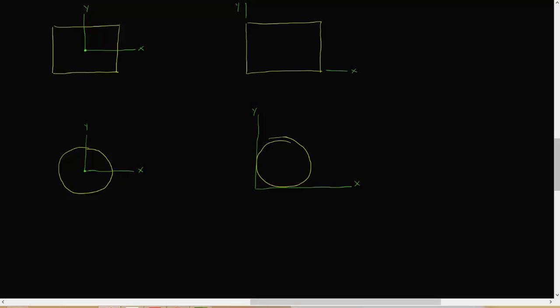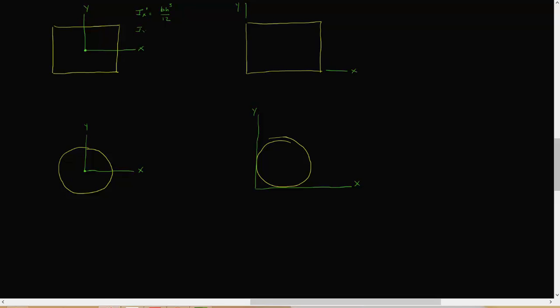So the moment of inertia of a rectangle is a simple formula. It's Ix, and we'll call this Ix prime, is equal to BH cubed over 12.